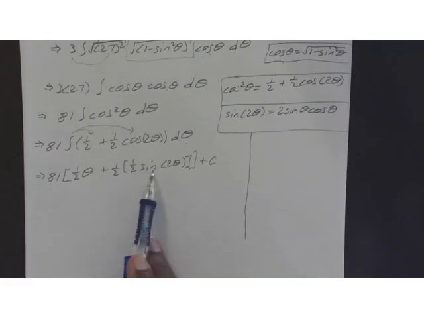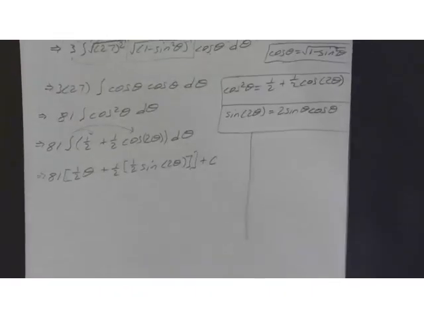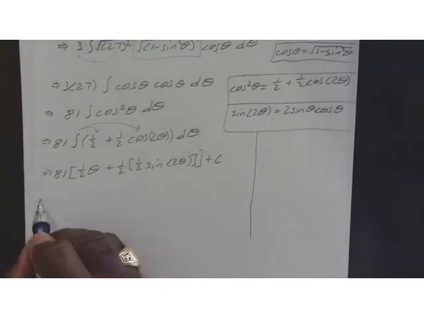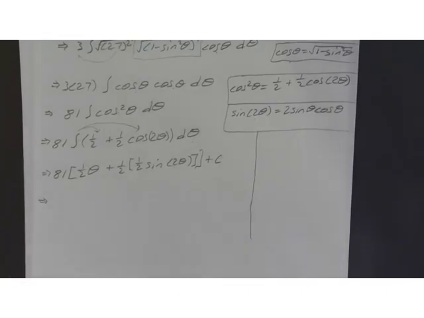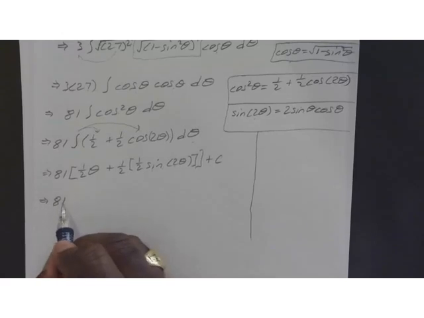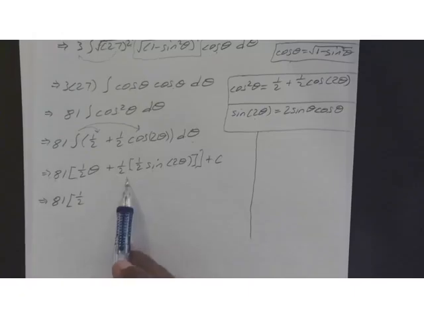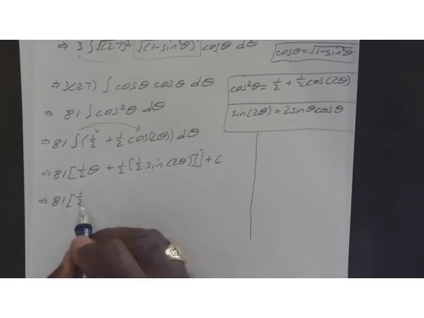Okay, so instead of 1/2 sine of 2 theta, we can replace that sine of 2 theta. 81 times, and we can distribute the 81 if you like, but I usually wait till the end because different numbers keep popping up.